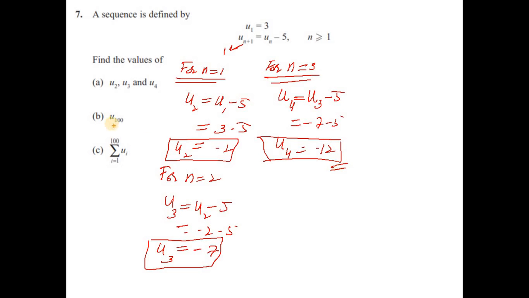Part B, find the value of u100. Now you have u1, u2, u3 and u4, etc. So if you see, this is your 3, the first term, and then minus 2, and then minus 7, minus 12, and so on.